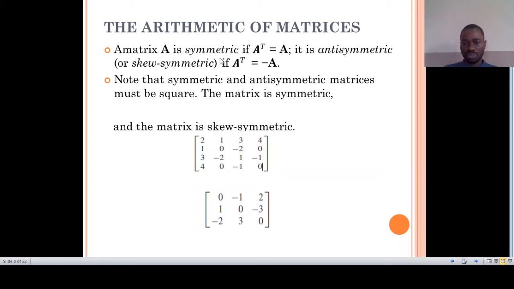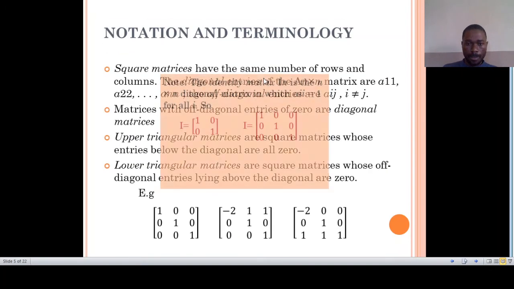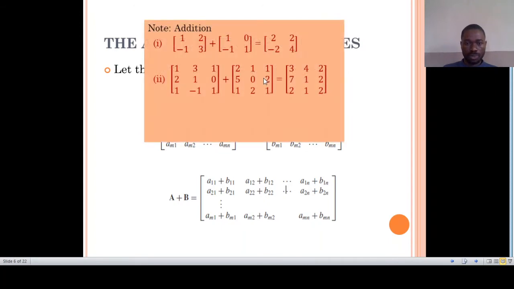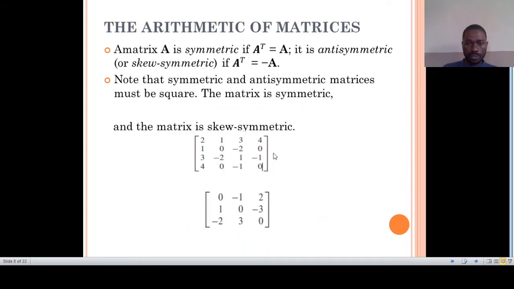However, a matrix is anti-symmetric if the transpose is equal to the negative of that same matrix. Look at the example here. If we transpose this matrix and multiply by minus 1, you are going to get the original matrix. Let's continue from there.